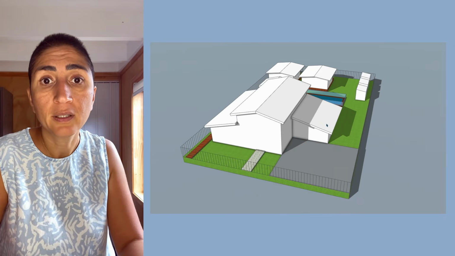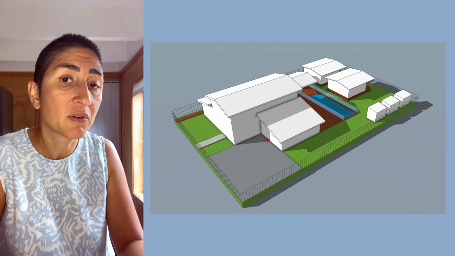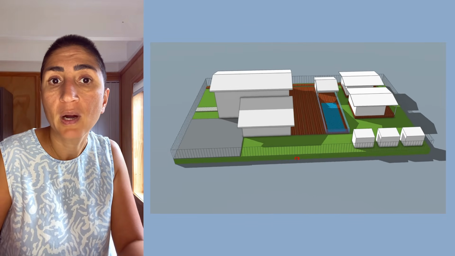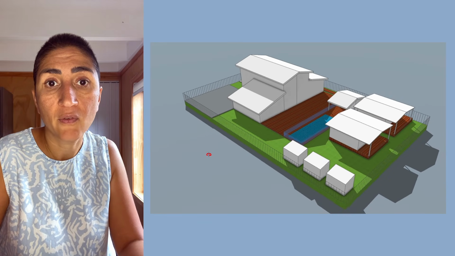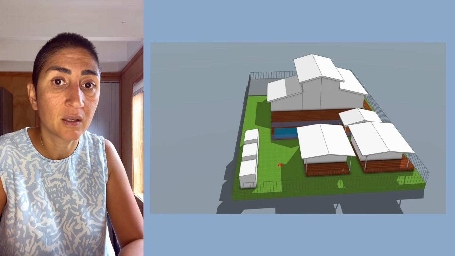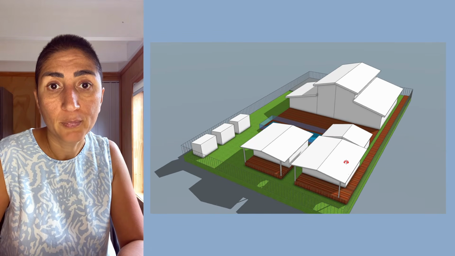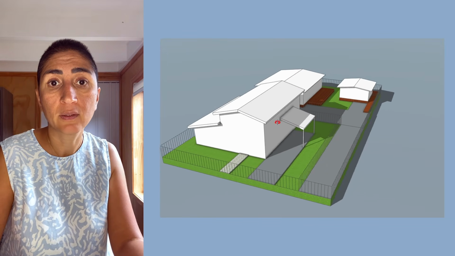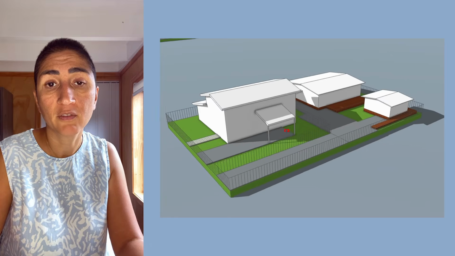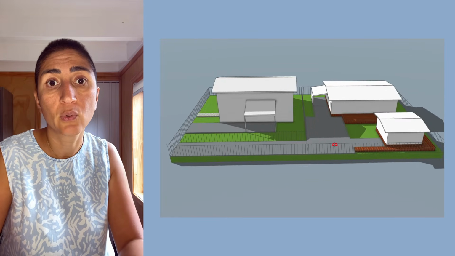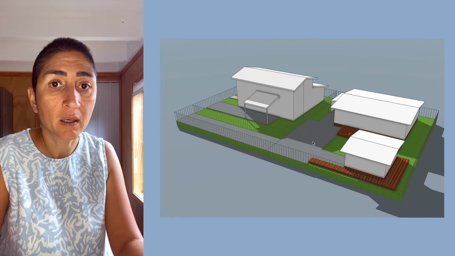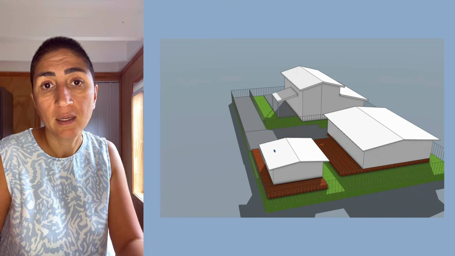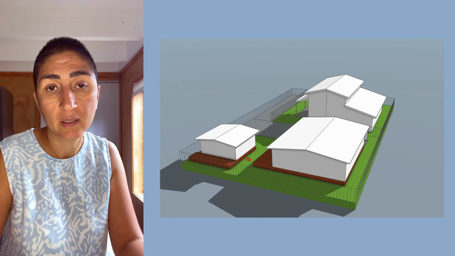So if you're lucky, if you have a big site with not many restrictions, you might be able to add one or a few under 30 square meter cabins to your property. And sometimes if you're living in a more compacted area and you already have a lot of building coverage compared to the size of your site, you might not be able to add any cabin to your property.